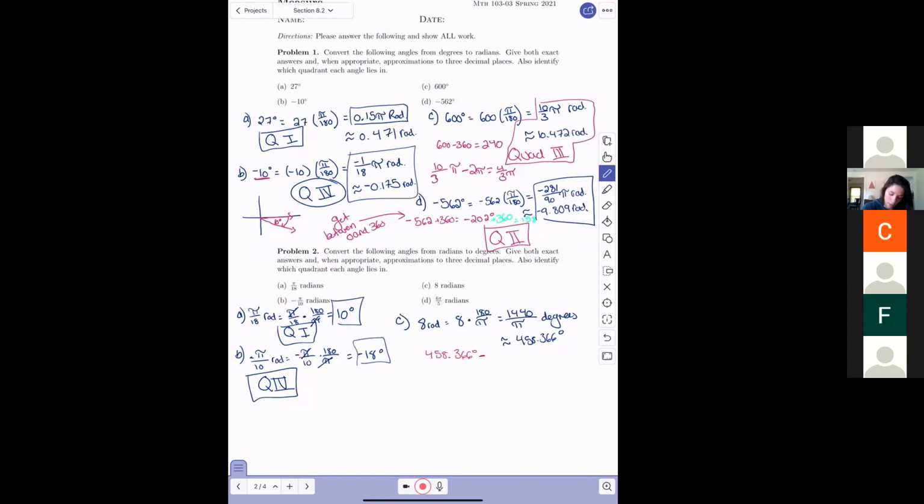We're going to go ahead and subtract 360 degrees, and that gives us 98.366 degrees. So which quadrant are we in? The second? Good, we're in Q2. Any questions there?